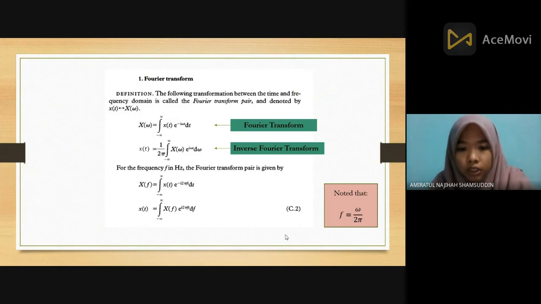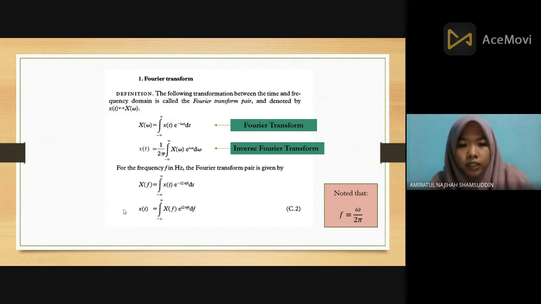For the inverse, to find x(t), it is equal to 1 over 2 pi times the integration of X(omega) multiplied by e to the power i omega t with respect to omega. Both of these we call the Fourier transform pair, denoted by x(t) interchanged with X(omega).